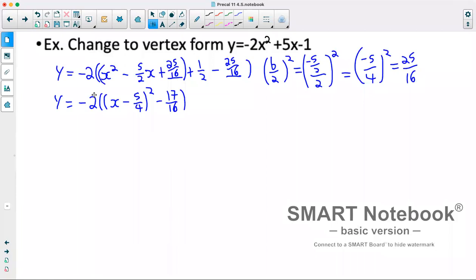Our next step is multiply the negative 2 in. So that gives us y is equal to negative 2 times (x minus 5 over 4) squared plus 17 over 8. So our vertex would be at 5 over 4, comma 17 over 8.